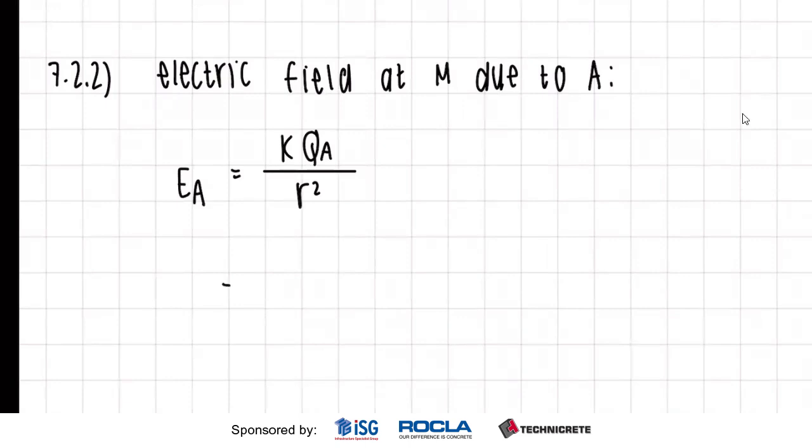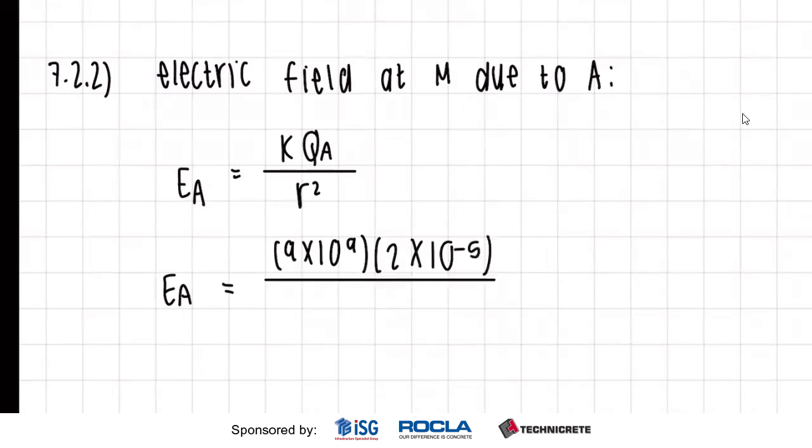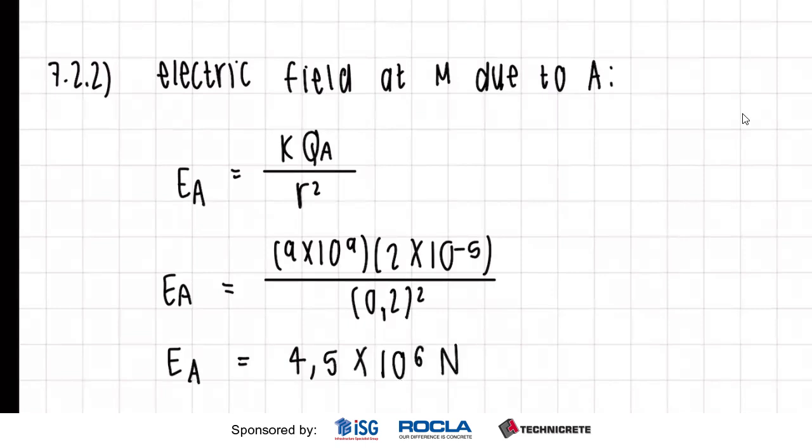Okay, we can write everything in here nicely. Radius is 0.2 squared. Okay, and that means that the electric field at M due to A is 4.5 times 10 to the 6 newtons per coulomb, N C^-1.